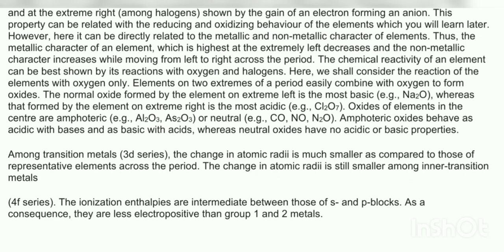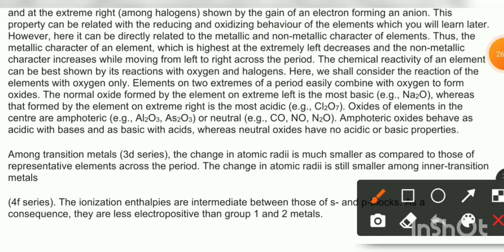Neutral oxides: carbon monoxide, nitrogen monoxide, and nitrous oxide. Amphoteric oxides are aluminum oxide and arsenic oxide. And a few become superoxides also. The neutral oxides show no acidic or basic properties.